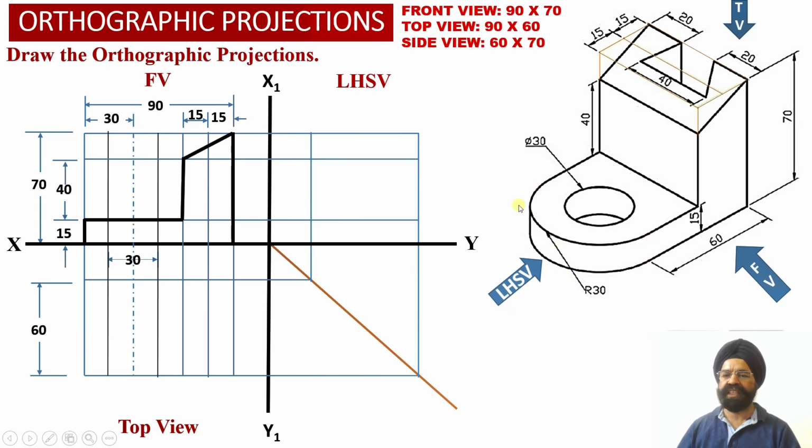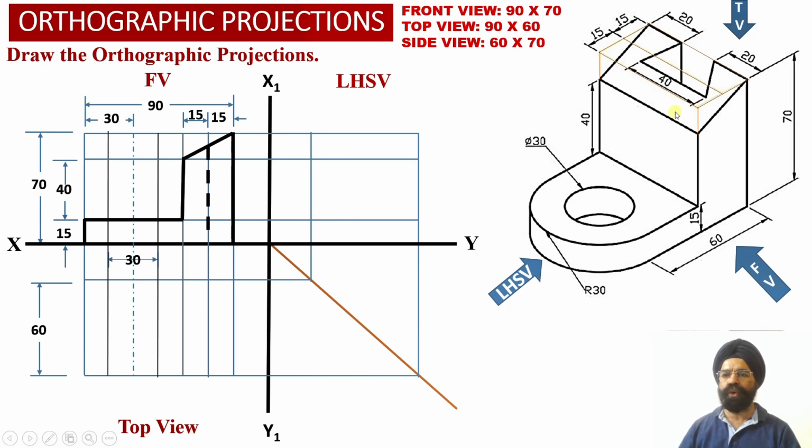Why? Because this circular portion is no longer parallel to the vertical plane. Since the circular portion is lying at a distance of 30 millimeter from the left hand side face of the solid, this projection is the apparent shape projection, while this projection which is visible to the observer in the front view projection is the true shape projection in the front view projections over here.